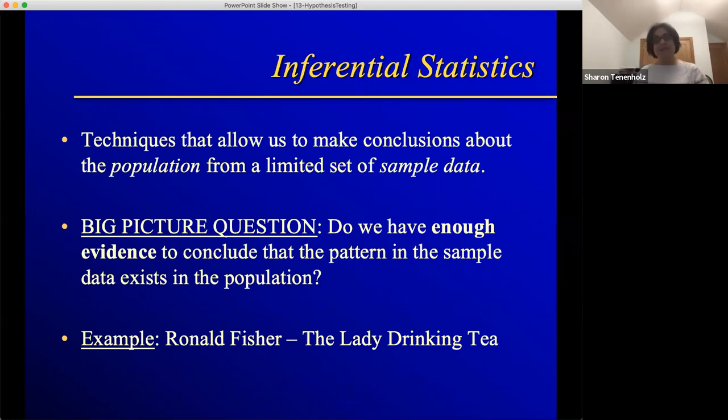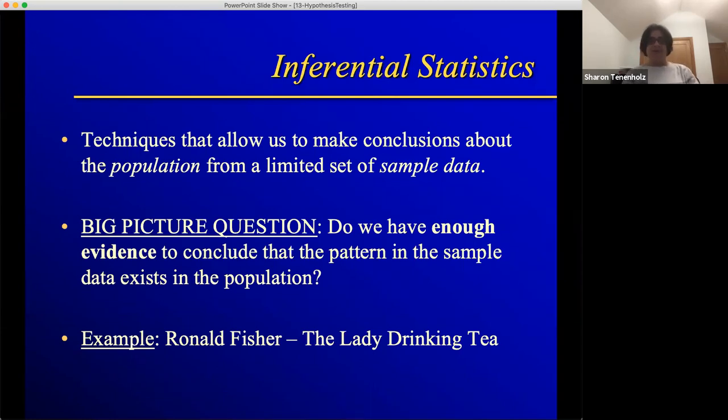And one of the colleagues there was a woman named Muriel Bristol. She was actually a biologist. So at the time, a female scientist, relatively rare, but anyways, he was having tea with her and another colleague named William Roach. And he knew that Muriel took her tea with milk.